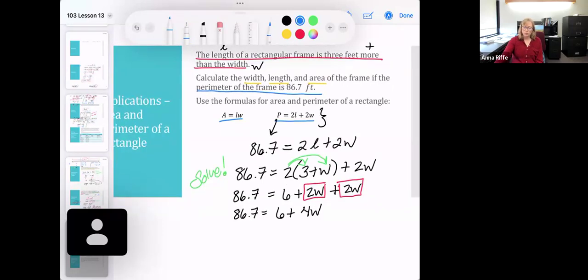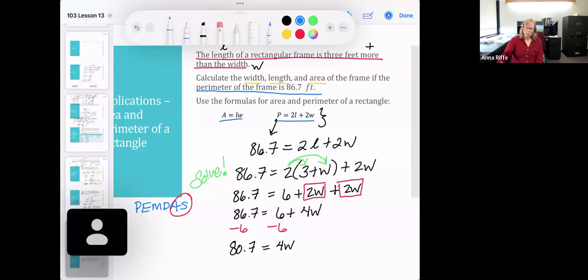This is a simple equation now. So I'm going to bring in PEMDAS. Think about the addition and subtraction. There's a 6 being added to the 4W. Let's go ahead and subtract 6, giving us 80.7 on the left is equal to 4W on the right.